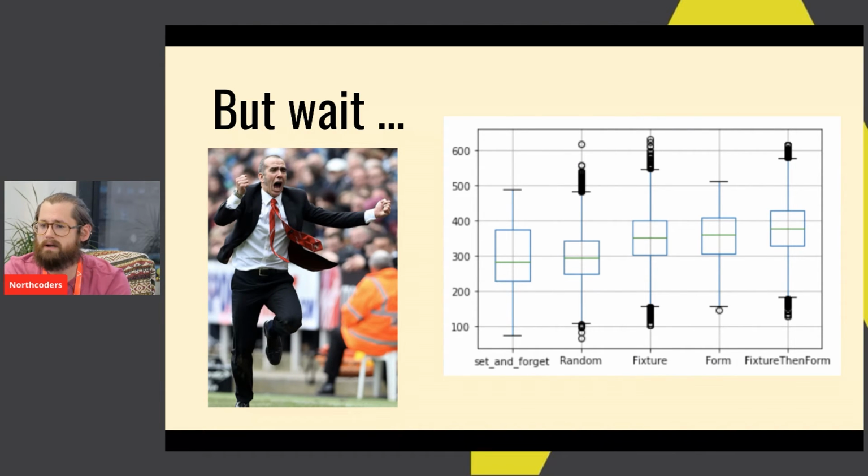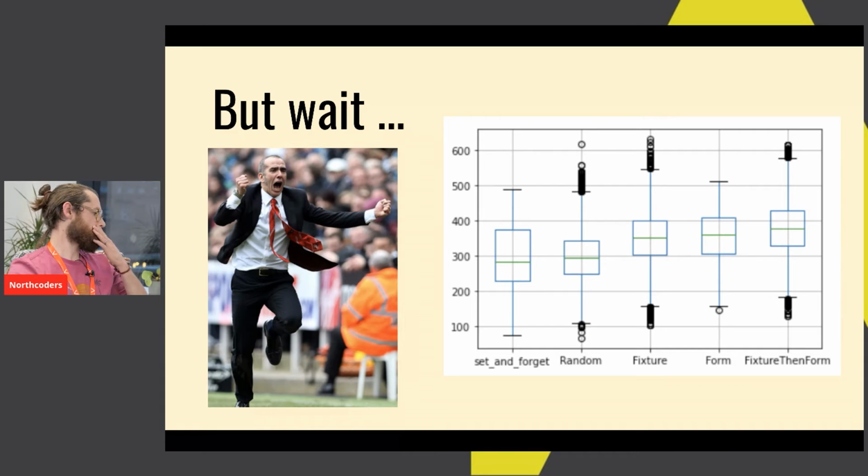So rather than picking randomly, see which player is arguably playing best and go from there. So the results again, higher, and this represents an extra 350, 370 points per season, which is something not to be sniffed at.